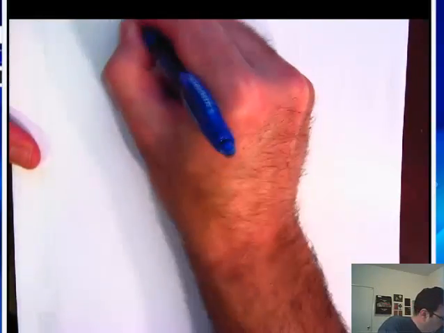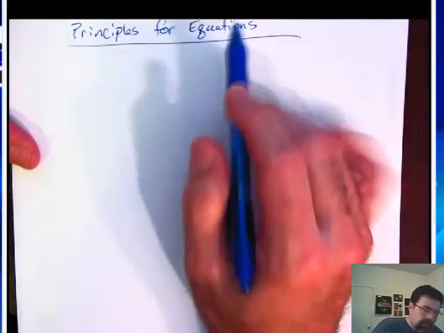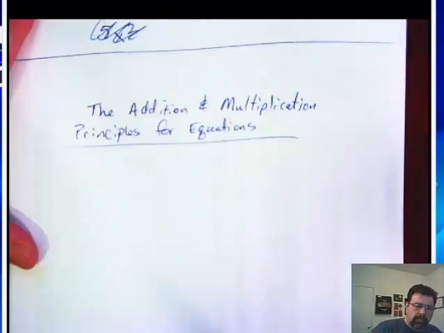So the addition and multiplication principles for equations.